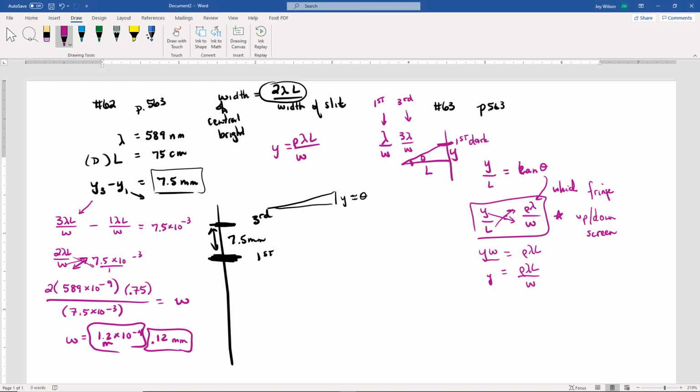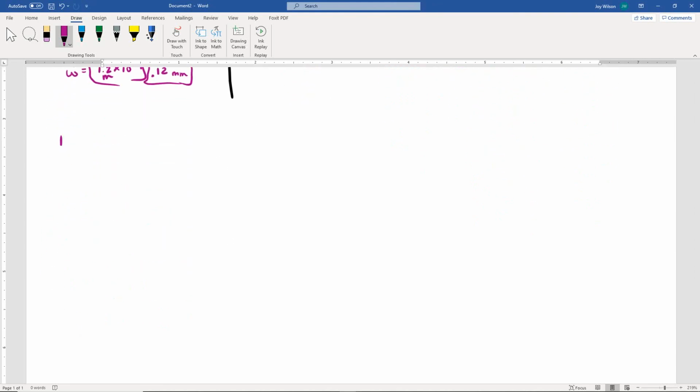So 62 is a little tricky because you have to rewrite that statement using which fringe you're working with. But you can see that the algebra comes out pretty straightforward. It's really just fill in everything. Okay, so that's 62, so let's do 63. 63 is actually an easier problem. We've got a bat coming out of a cave, and it's making echolocation sounds. So we know that our distance to our screen is going to be 100 meters.